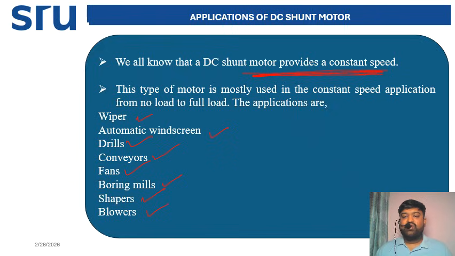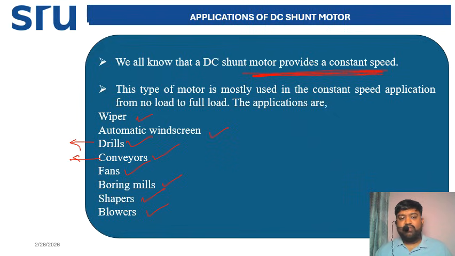Where you need constant speed operation, you can use the DC shunt motor. Drills and conveyors are just examples; constant speed is what is required, otherwise, due to variable speed, the machine can break. For this reason, these are constant speed drive applications.